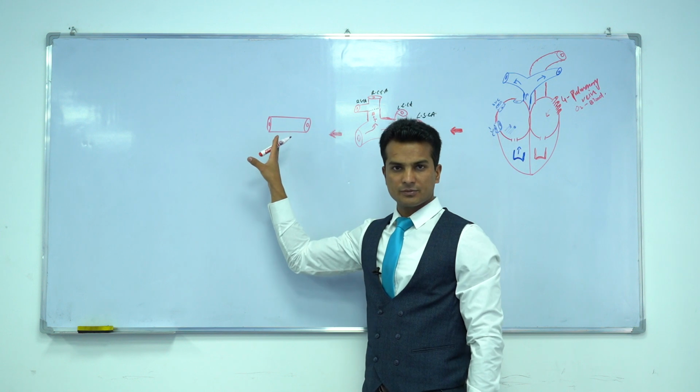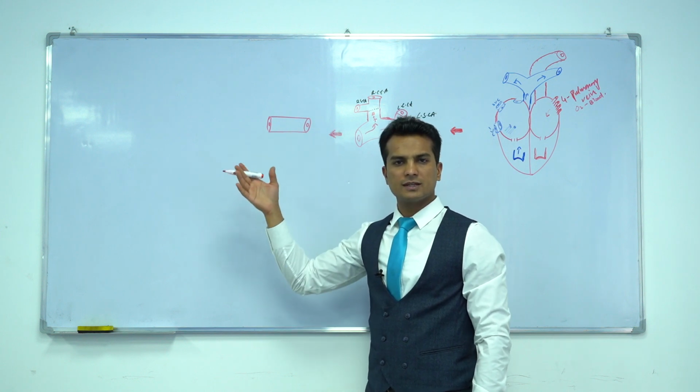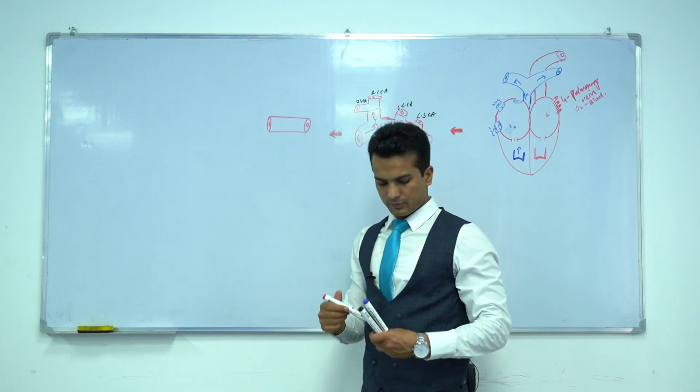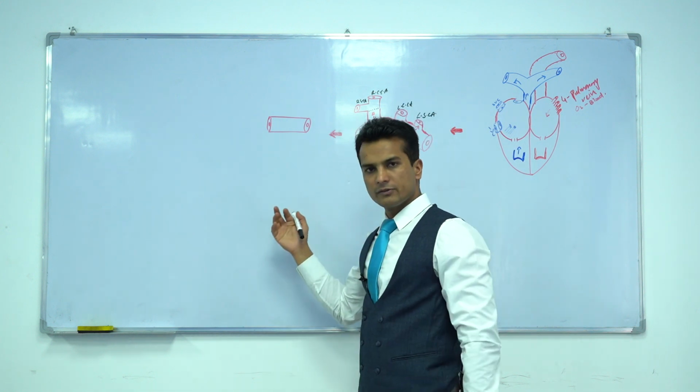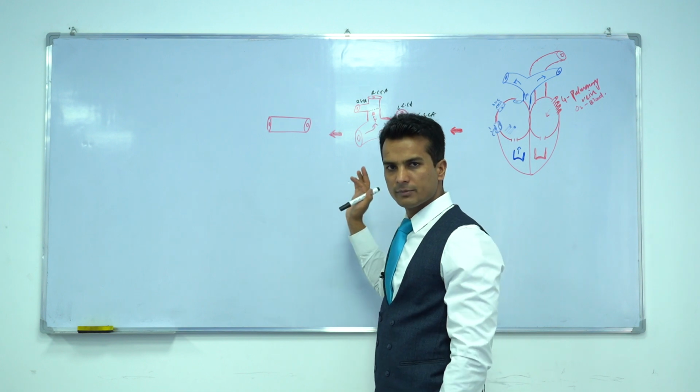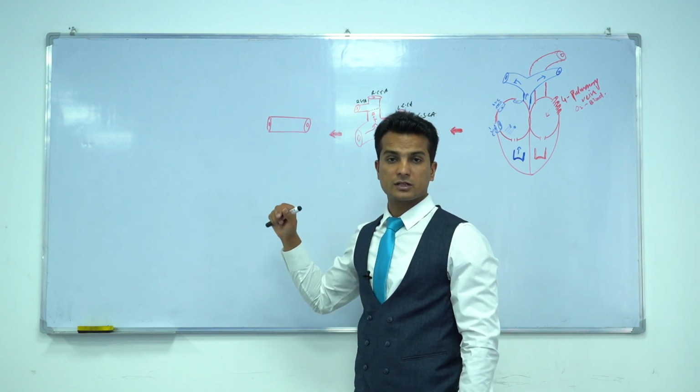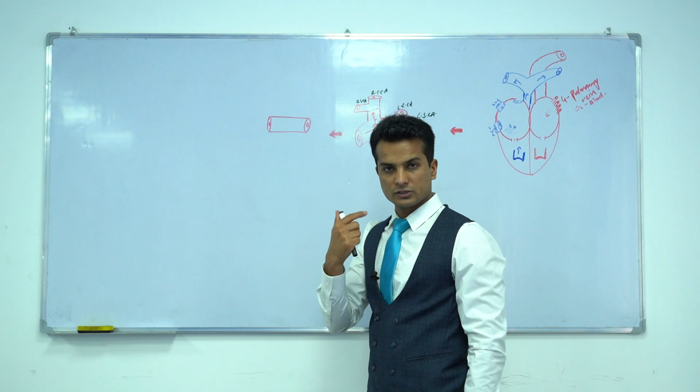Let's suppose this is the right subclavian artery. The branches will be the same whether right or left subclavian. The right subclavian artery is a branch of the brachiocephalic trunk, which divides behind the sternoclavicular joint.